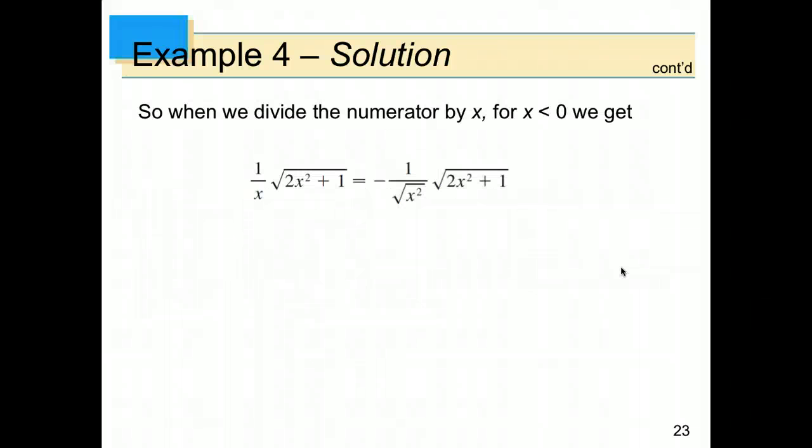So when we divide the numerator by x for x less than 0, we get 1 over x times radical 2x squared plus 1, which gives us negative 1 over radical x squared, radical 2x squared plus 1, which is the opposite of radical 2 plus 1 over x squared.